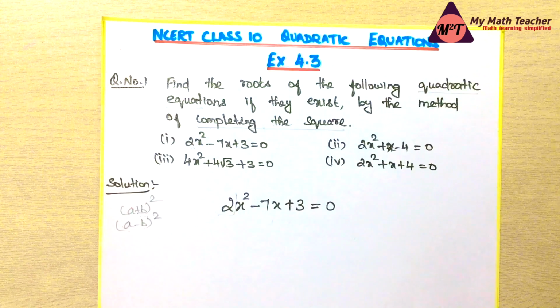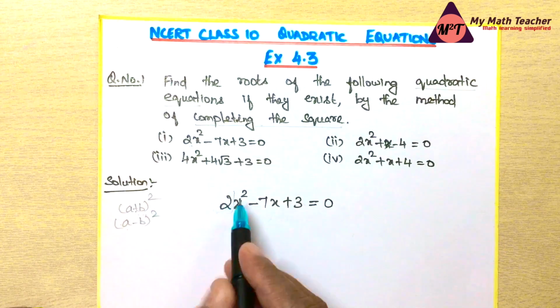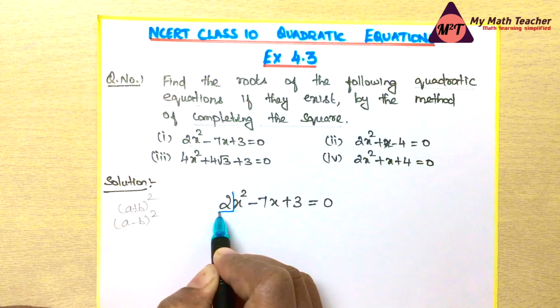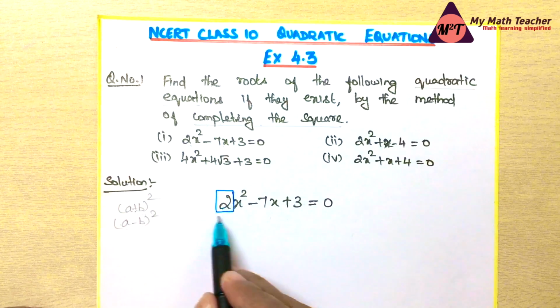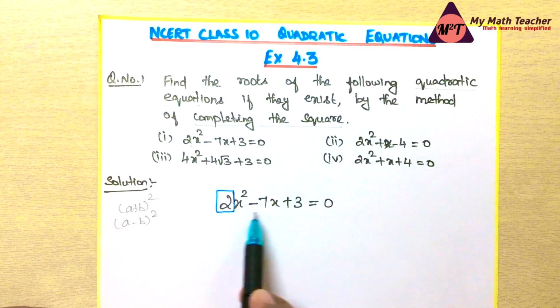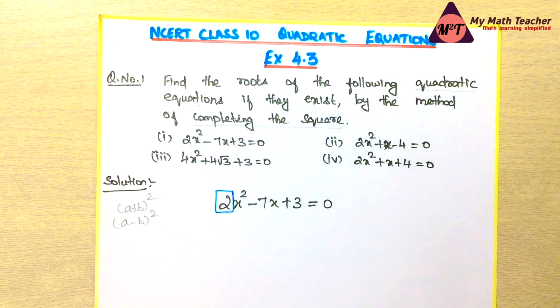So first step we have to divide by the coefficient of x square. Coefficient of x square here is, as you can see, I have highlighted with the blue color. So now we are going to divide this entire equation by the coefficient of x square, which is 2.